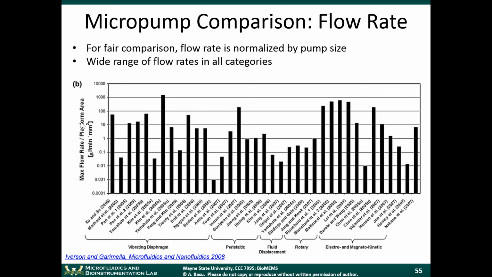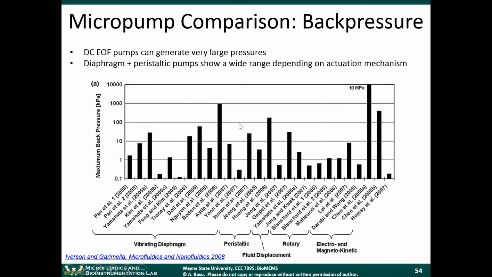Nonetheless, you see huge variations in the amount of flow rate and pressure generation in these different types of pump modalities. So a lot of it often depends on which type of pump offers the most reliability and is most easily integrated into your process.